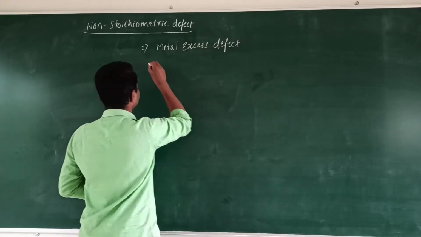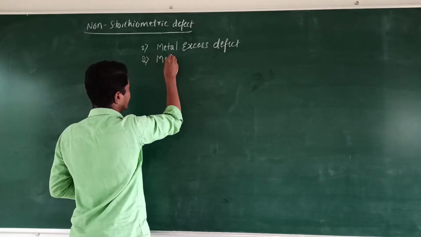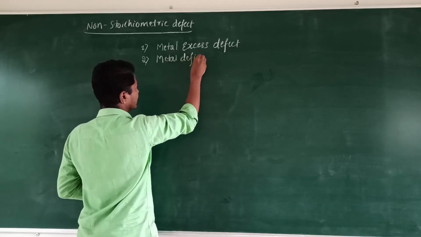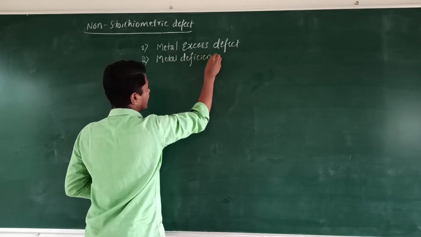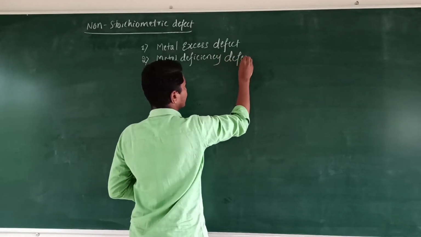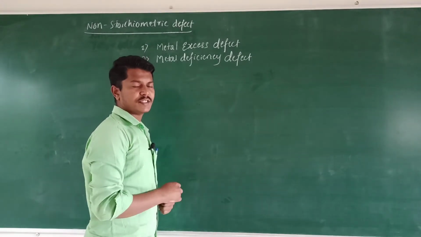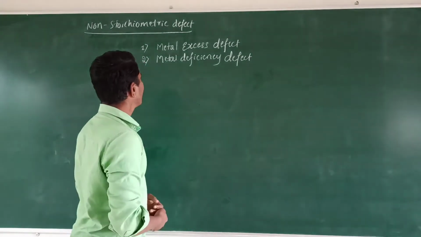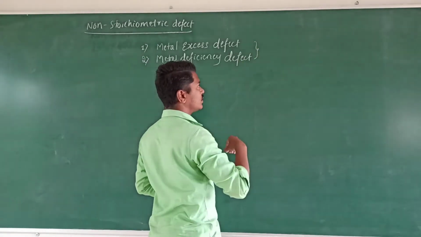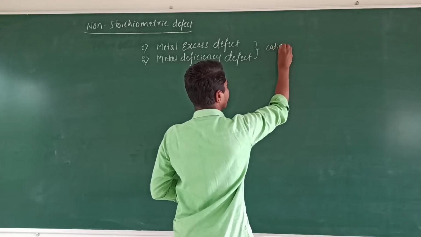These two defects are observed on the basis of the cations present in the metal.